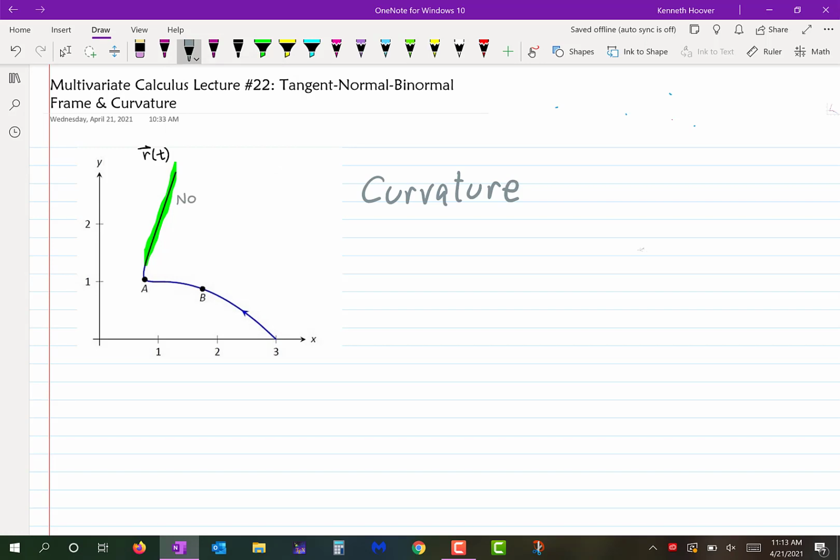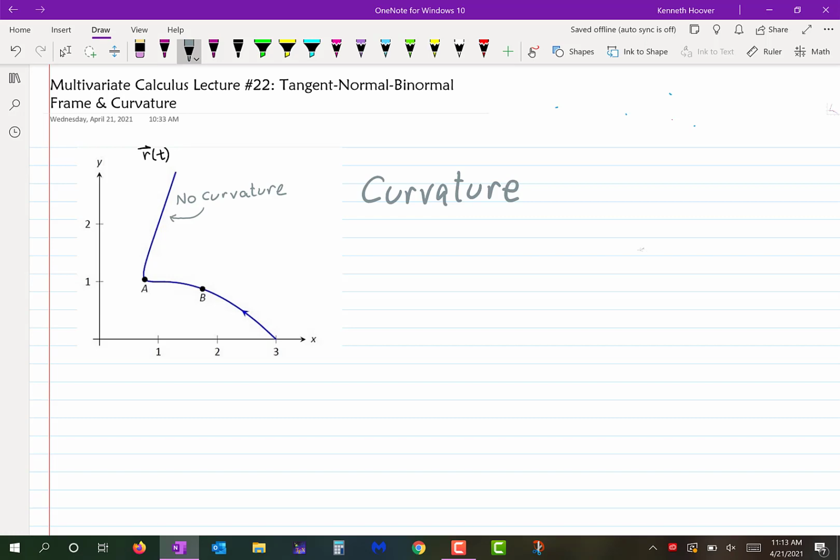But I'm going to write the words no curvature instead of saying curvature of 0, because I don't want to use any numbers here, because I have not yet told you how to calculate the numbers. So that portion of the graph, where it's straight, the curvature will be 0, and I'm just going to write no curvature.